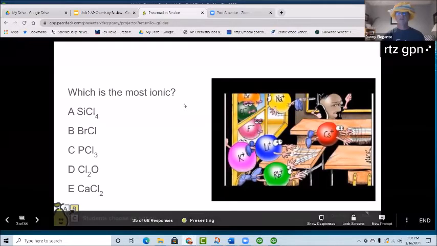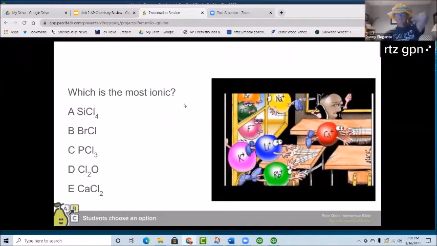All right, I got 35 answers so far. Let's give y'all another 10 seconds or so. Which one is the most ionic out of all of those?